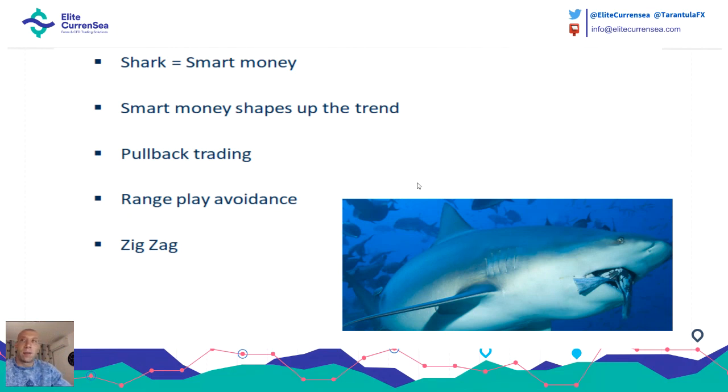Zigzag is when price is making a zigzag like this. It means that the price is trending, and each zigzag can be used for buying into a dip or selling on a rally, depending on, of course, the trend. But you need to have a confluence of technical factors that will give you a buy or sell. That is what we will cover in one of our future classes.